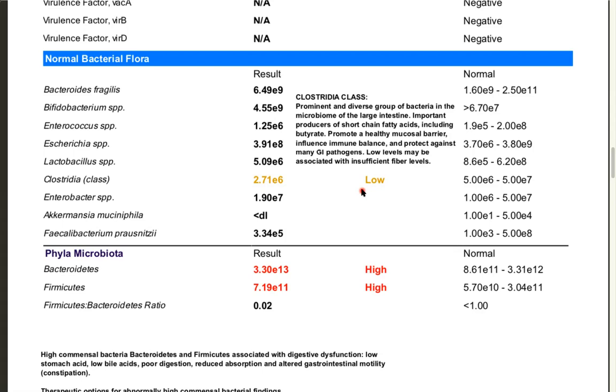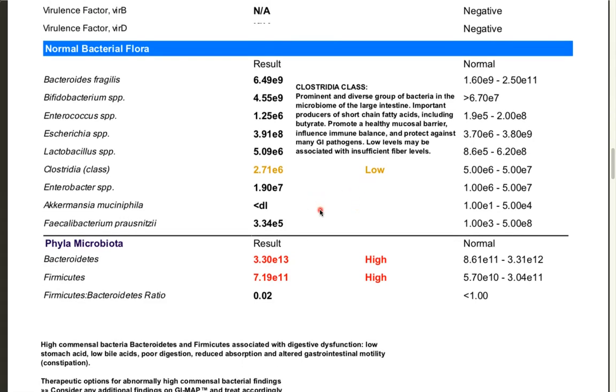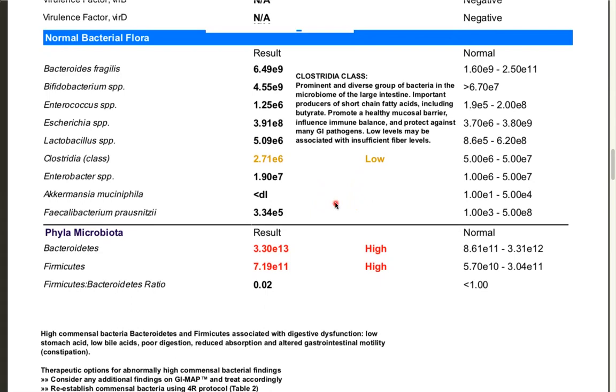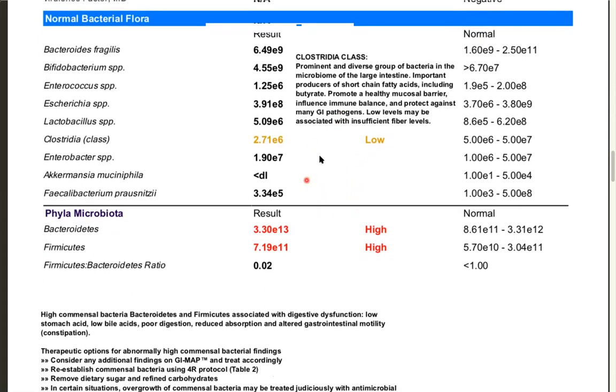So the way I would approach this is to maybe introduce some more fiber and make sure that the patient is not consuming sugars and not consuming a lot of refined carbohydrates, and making sure that the diet involves more resistant starches instead of simple carbs.